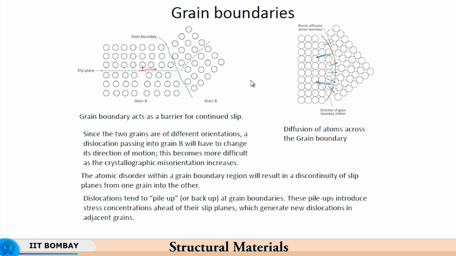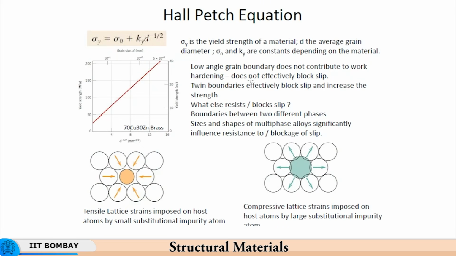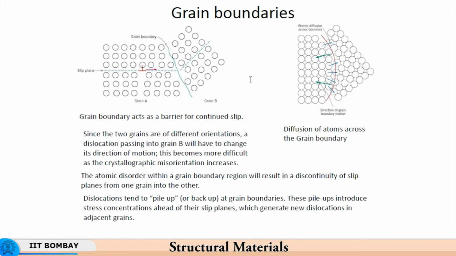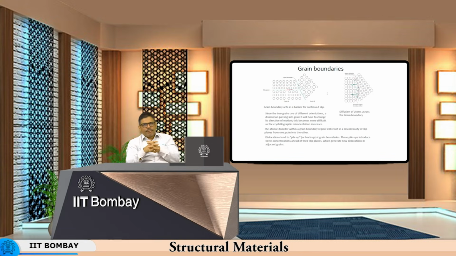So we will see more of the activity of these defects in changing the material properties, in changing the behavior of the material in permanent deformation or plastic deformation under room temperature conditions as well as under high temperature conditions.